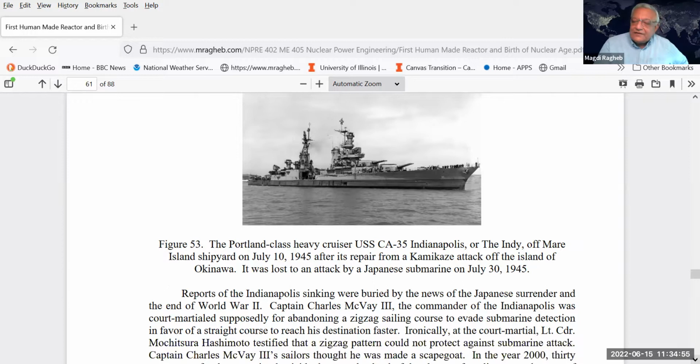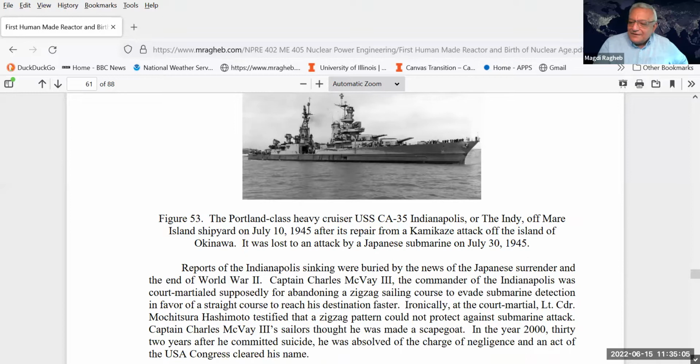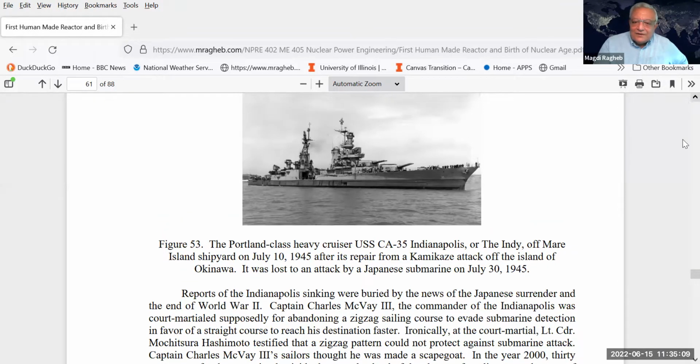As a matter of fact, the survivors of the Indianapolis still meet every year and commemorate the events in Indianapolis, in the state next to us, Indiana.